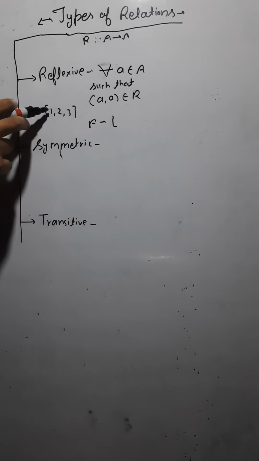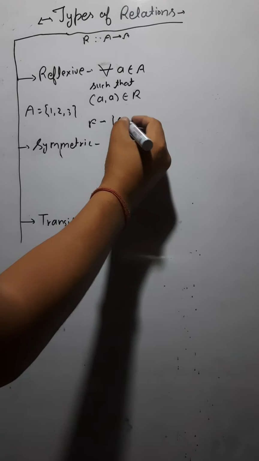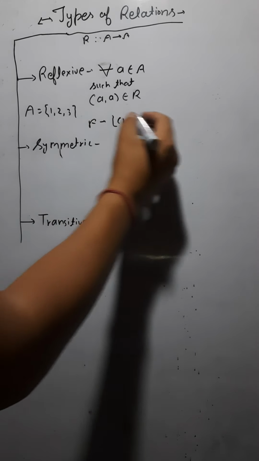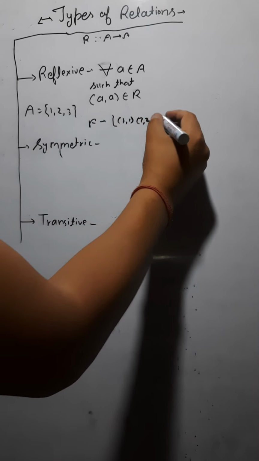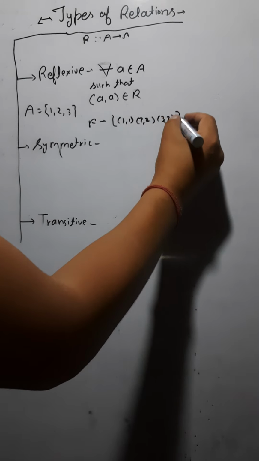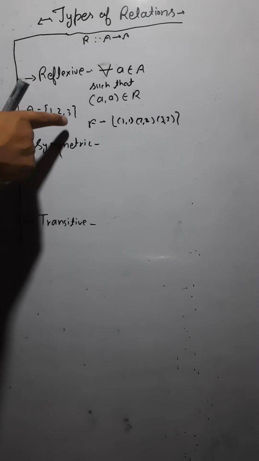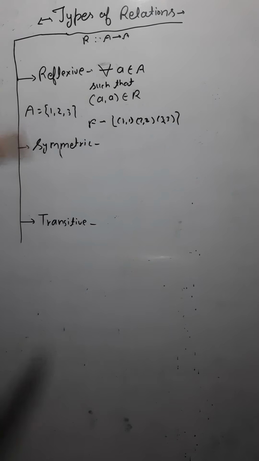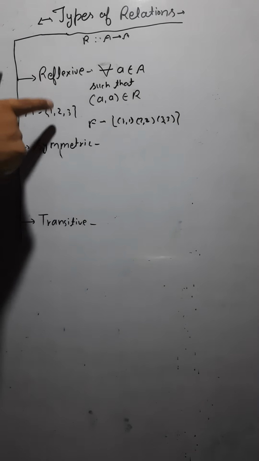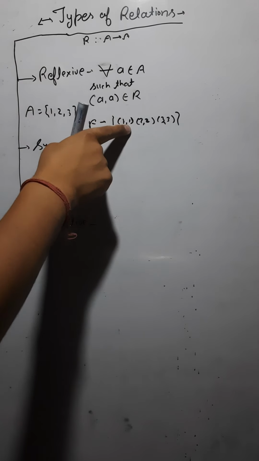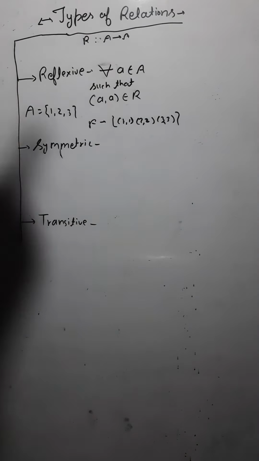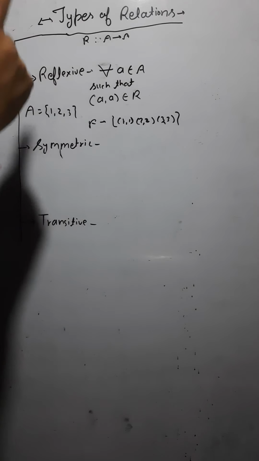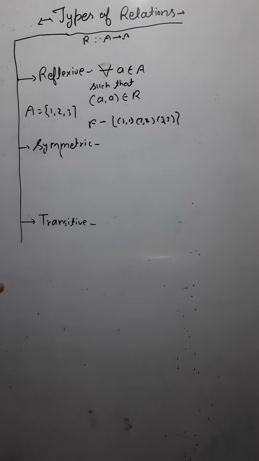So what would be the doublets? (1, 1) should be there, (2, 2) also should be there, (3, 3) also should be there. Remember this, all doublets should be there. If there were one more element 4, then (4, 4) would also be there. Are you getting this? So the doublet of all the elements should be there in the relation. Then only do you call such a relation a reflexive relation.